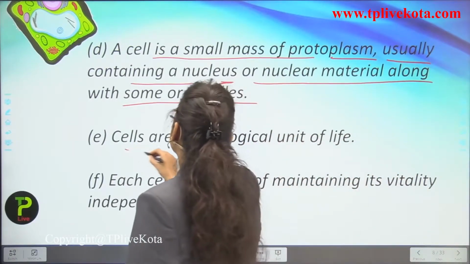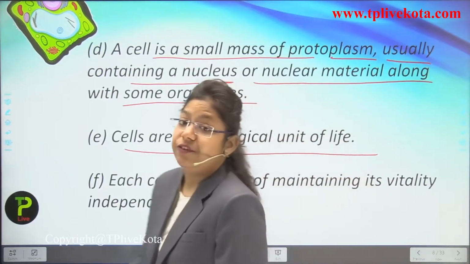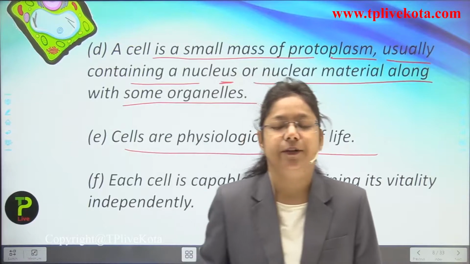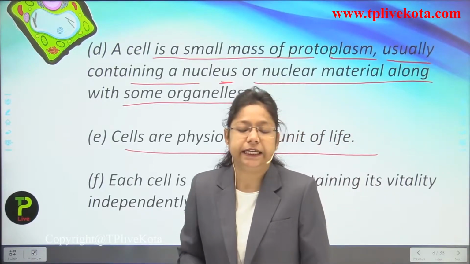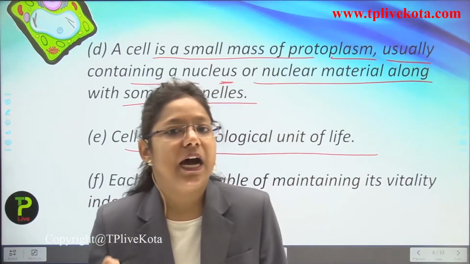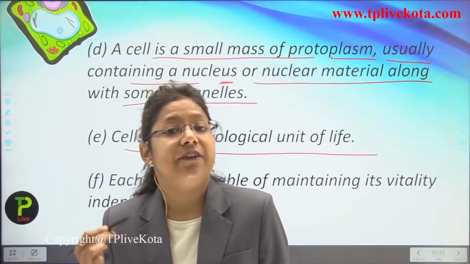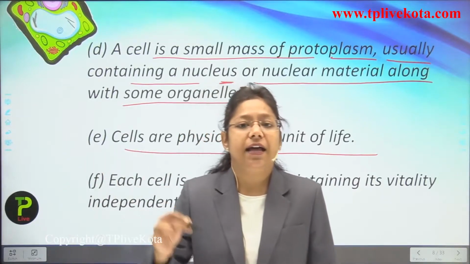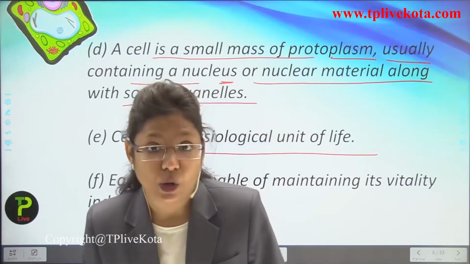Next, cells are the physiological unit of life. Why am I saying the word physiological here? It means that they can divide, they can multiply, and they can form new cells also.